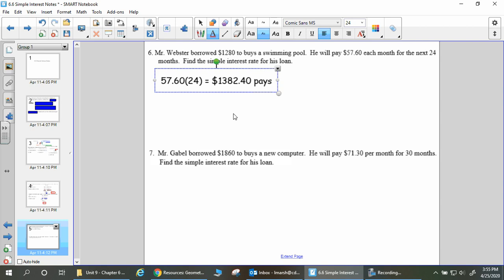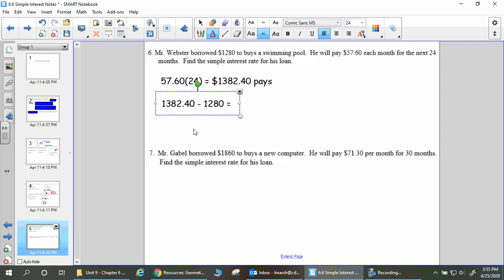That's what he pays. But look at what he borrowed, $1,280. See how my number here is higher? That's because we paid interest. So I'm going to take how much we paid and subtract how much we borrowed.